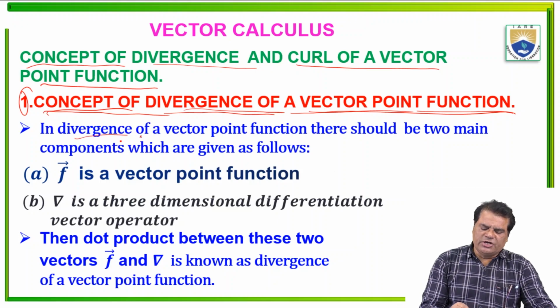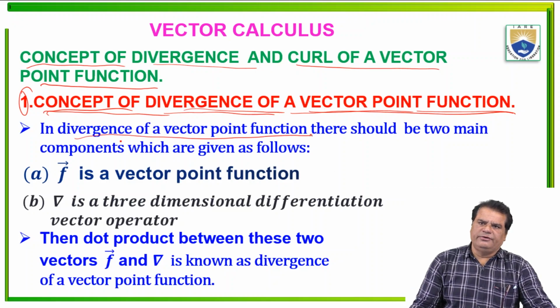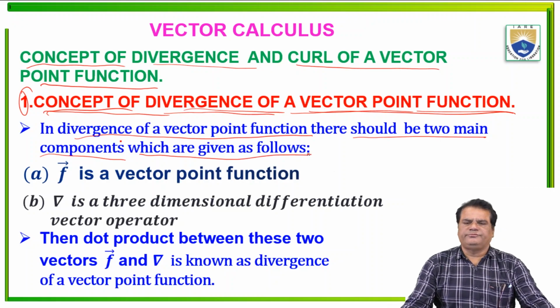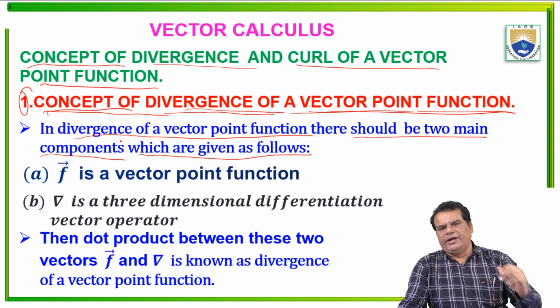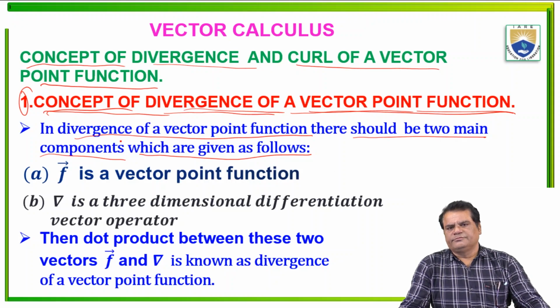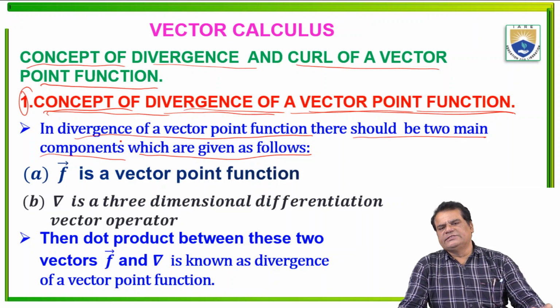In a divergence of a vector point function, there should be 2 main components, which are given as follows. To define divergence of a vector point function, we want only 2 components.